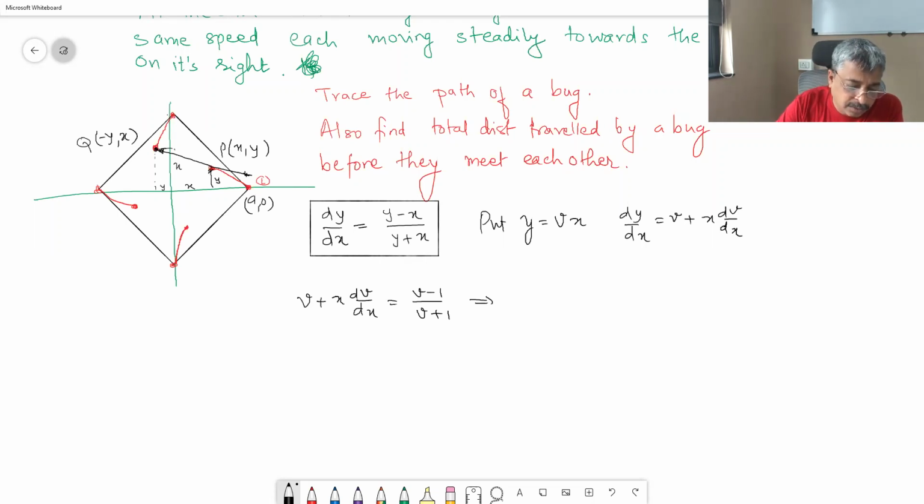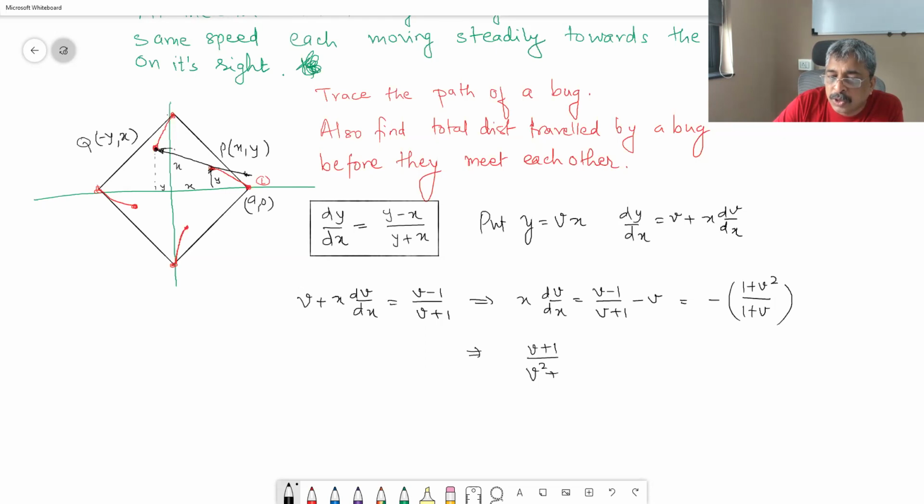This gets further simplified as x dv by dx is equal to V minus 1 upon V plus 1 minus V, which is equal to minus of 1 plus V square upon 1 plus V, and it is now variable separable. Therefore, you get V plus 1 upon V square plus 1 dV is equal to minus dx upon x.